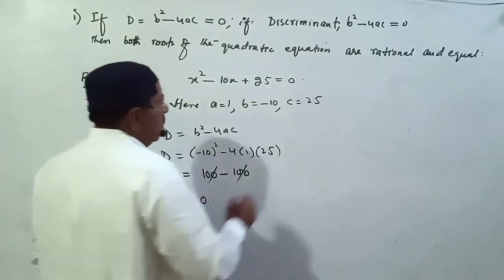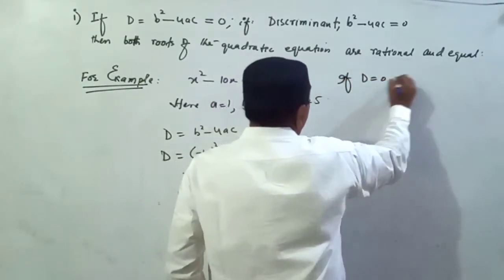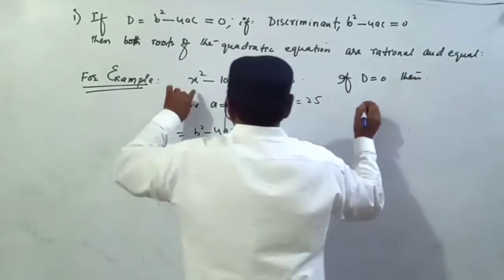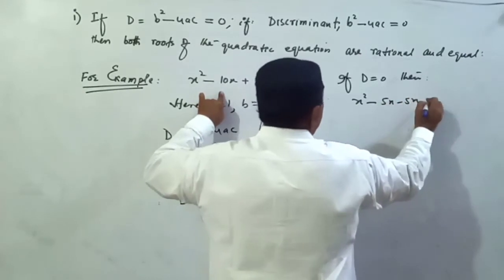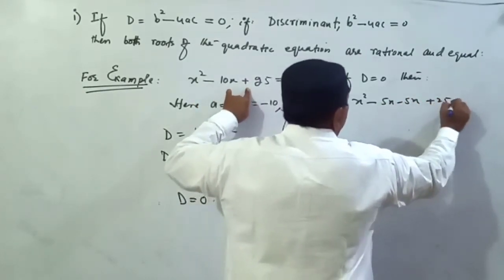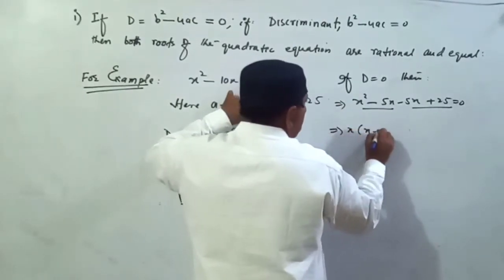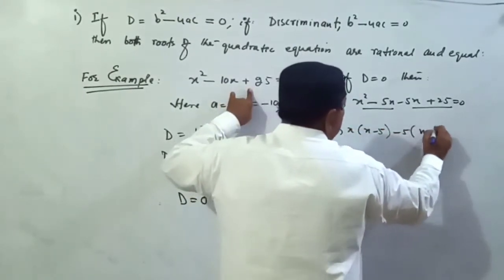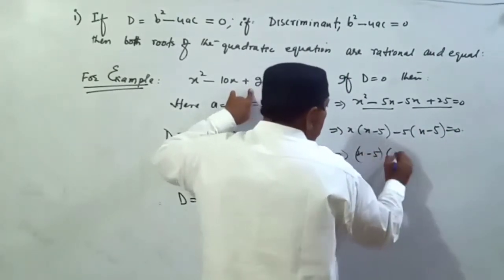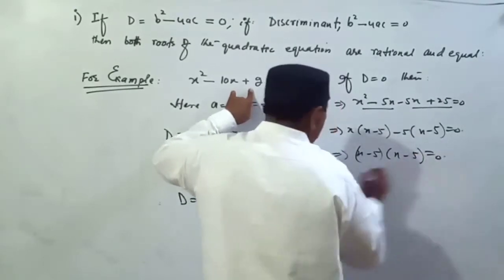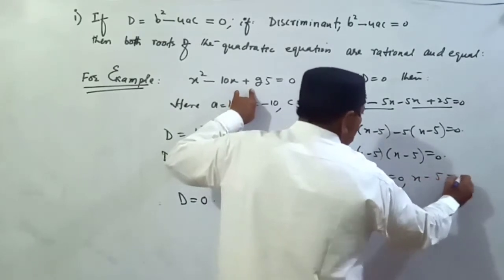If discriminant is 0, then x square minus 10 means 5x minus 5x plus 25 is equal to 0. X common, x minus 5, minus 5 common, x minus 5 is equal to 0. X minus 5 is equal to 0, also x minus 5 is equal to 0.